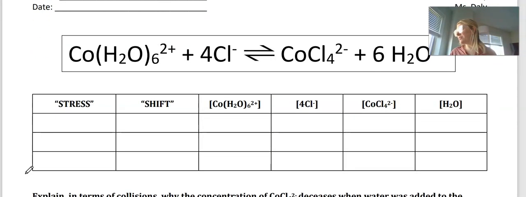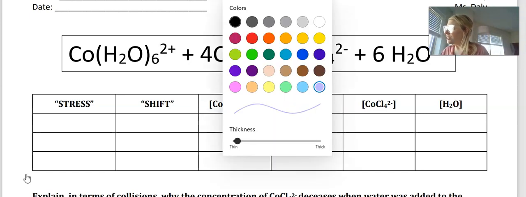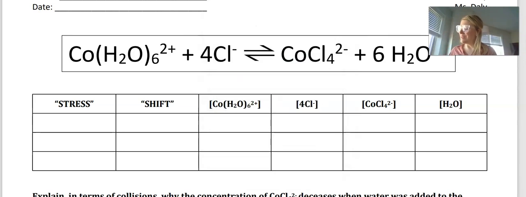So again, I've given us our blank slate of equation here. We're going to talk about 3 different stresses to our system and how that's going to impact our reaction. So the first one that I want to focus on is our stress being an increase in the amount of the COCl4 2 minus.